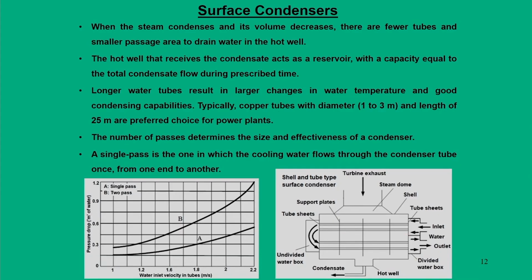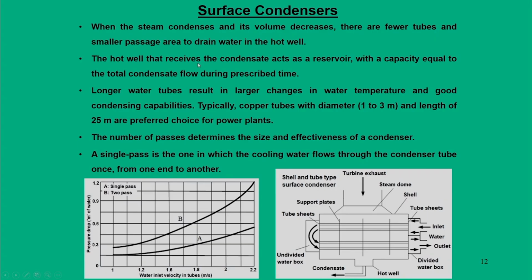There is some standard information for steam condensers: when the steam condenses, its volume decreases. So, that means we have very few tubes and smaller passes to drain the water into the hot well, and this hot well receives the condensate and acts as a reservoir, with a capacity equal to the total condensate flow rate at a particular time.